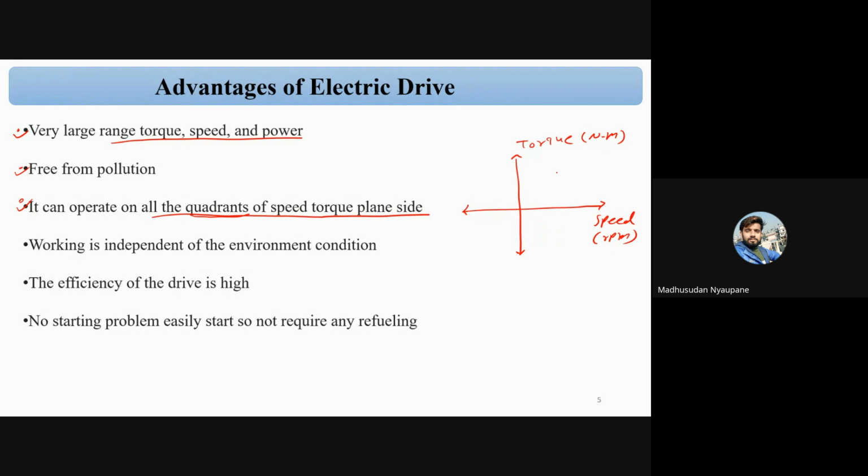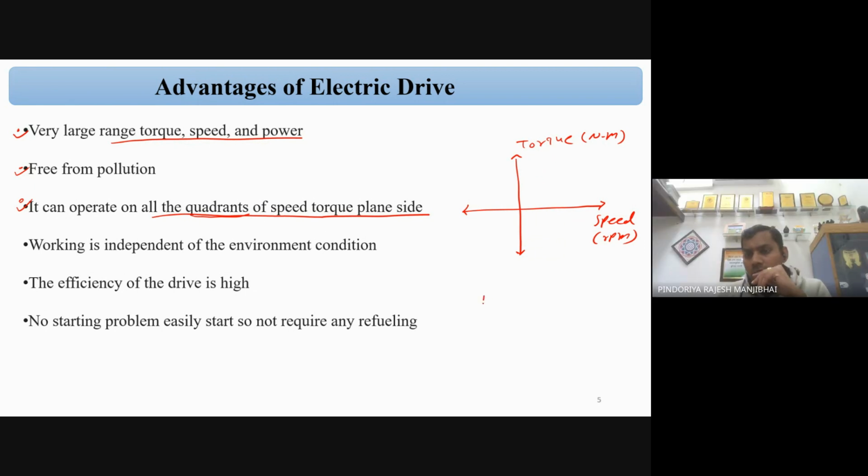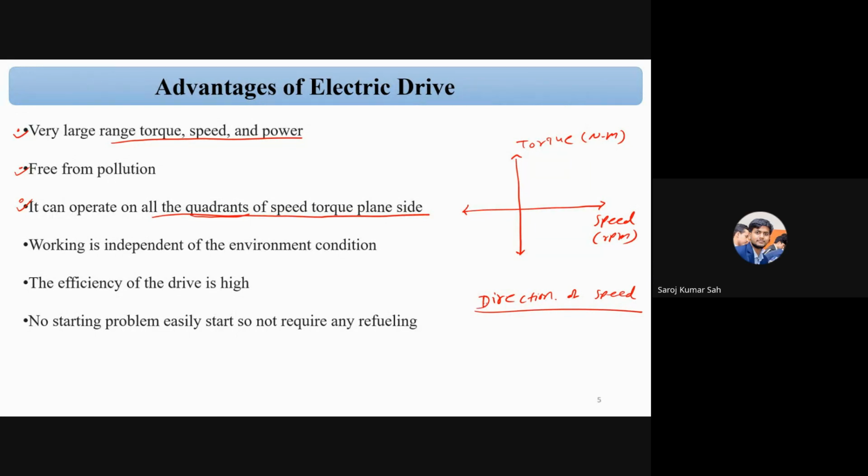I think, sir, the direction of the load, torque and speed. Okay, we can say the direction, the direction of the speed. Any other answer? Forward braking and forward motoring and reverse braking, sir.